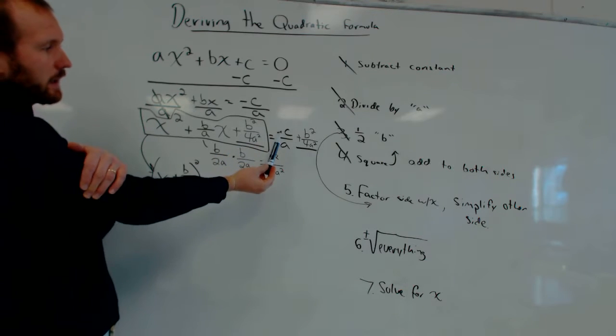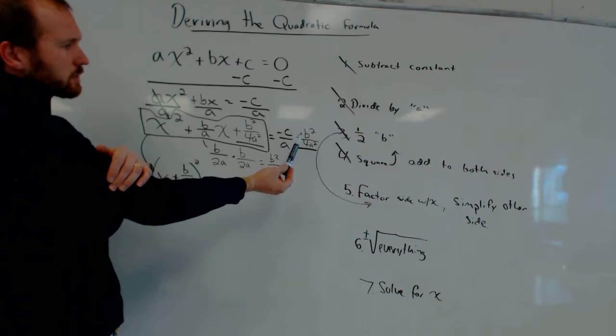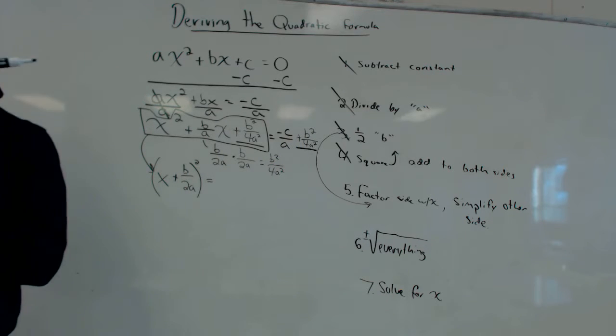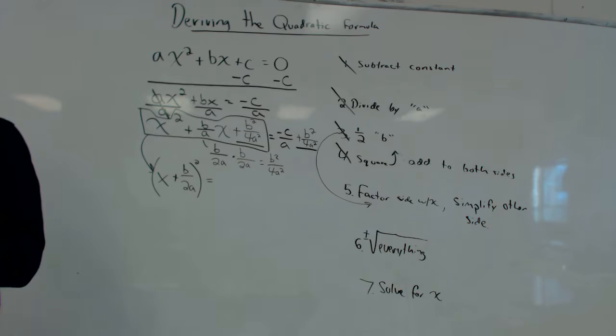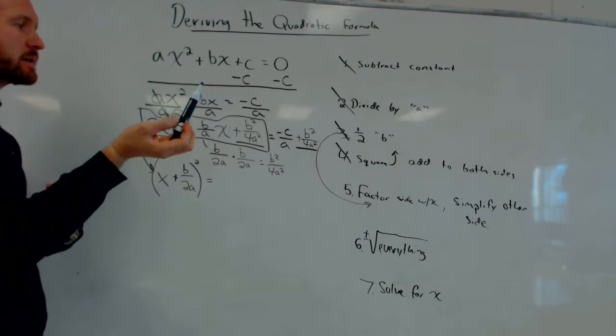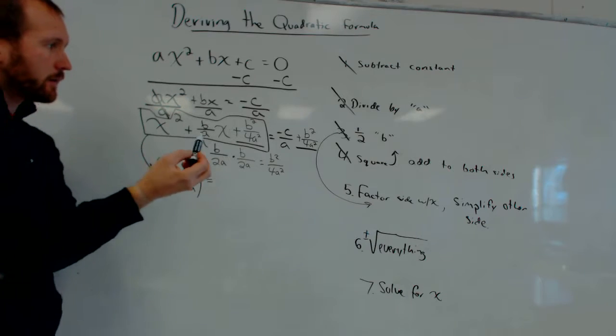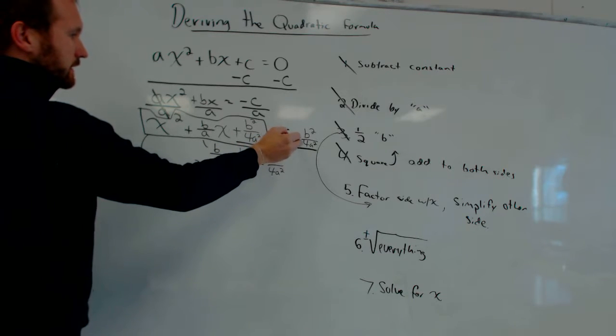How do I combine negative c over a plus b squared over 4a squared? Couldn't you multiply by 4 over 4? You guys have the right idea. I have to get a common denominator, right? 4a. Yeah, so I need to multiply this times 4a.